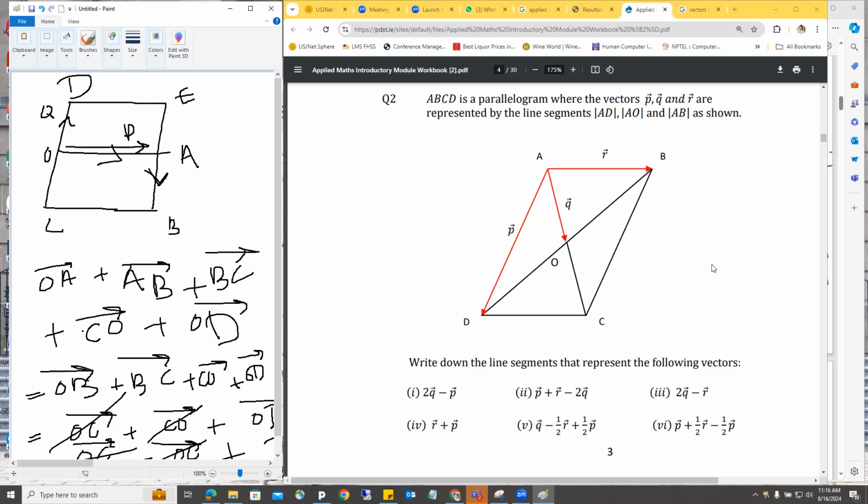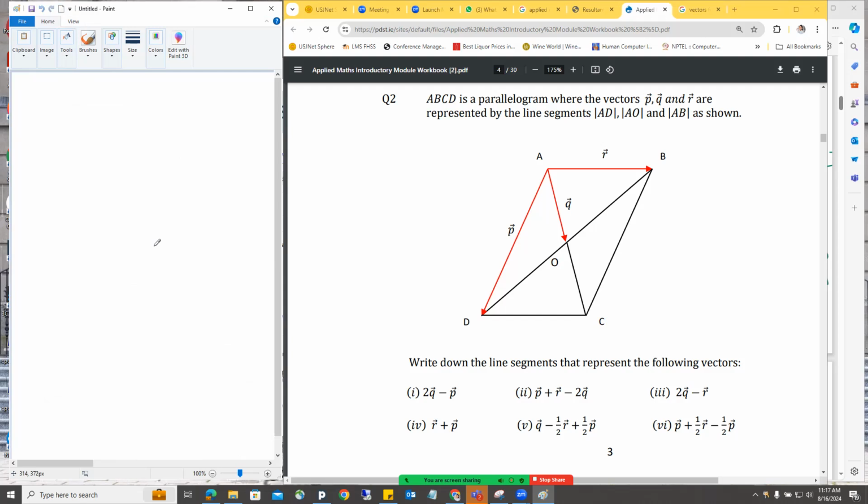Write down the line segments that represent the following vectors. So 2Q minus P, that is EO plus AO. Wait. You can simplify further, I think.